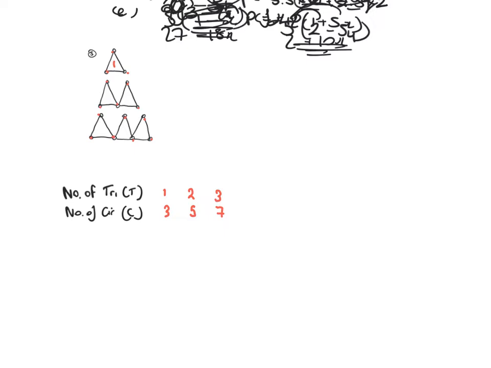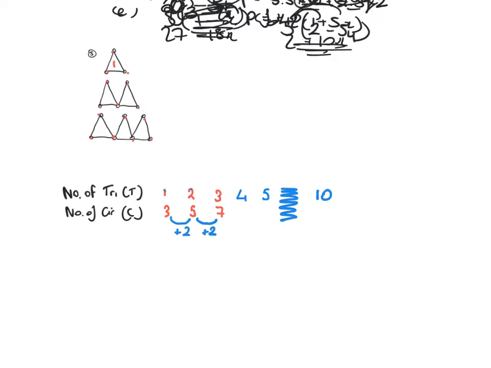The table then asks me to find what's happening when there's 4 triangles, 5 triangles, and then there's a gap, and what's happening when there are 10 triangles. Okay, we can see that every time we add on a triangle, so from 1 triangle to 2 triangles, add on 1 triangle, we add on 2 circles.